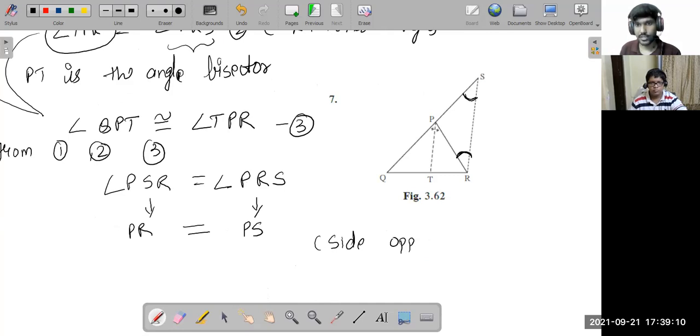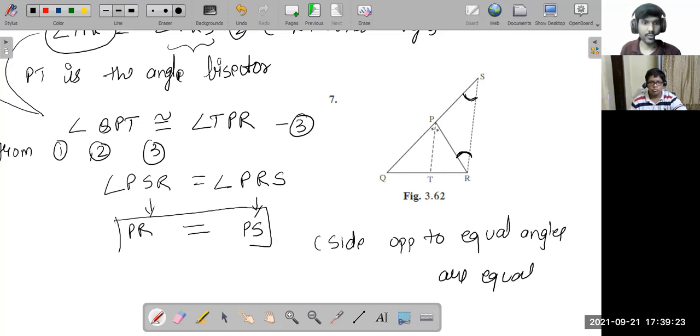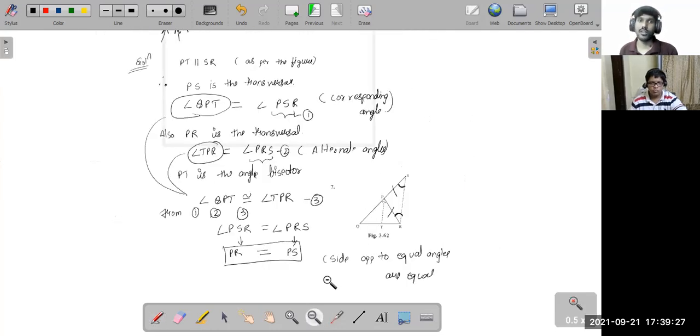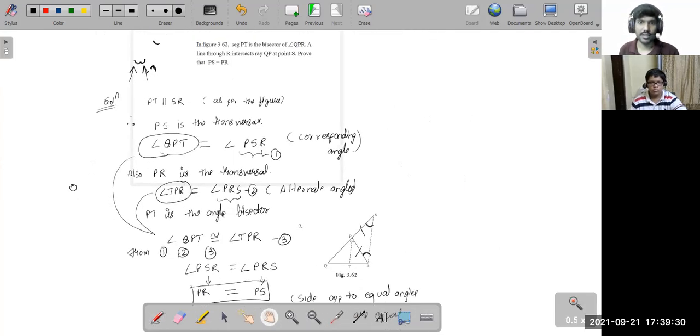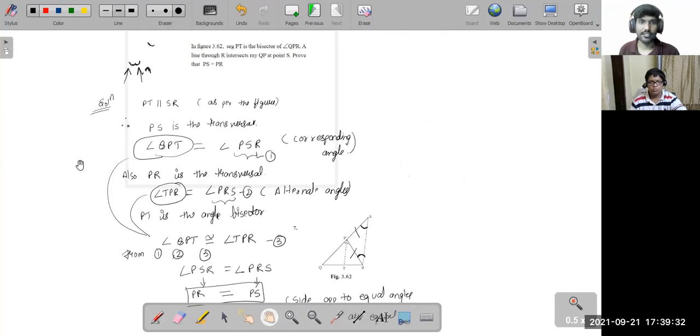Side opposite to equal angles are equal. And that's it. This is only what you had to prove: PS equal to PR. Go through the proof of this. Understand it. If you didn't understand any step, ask me.